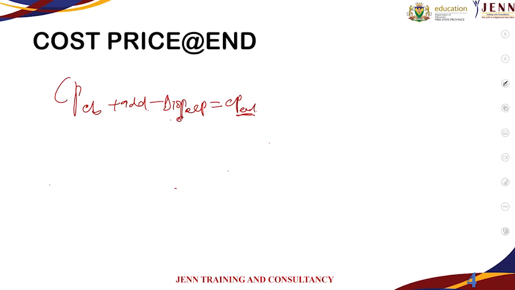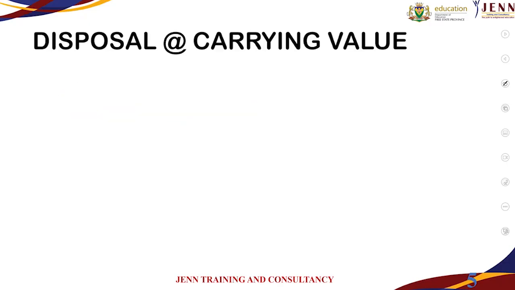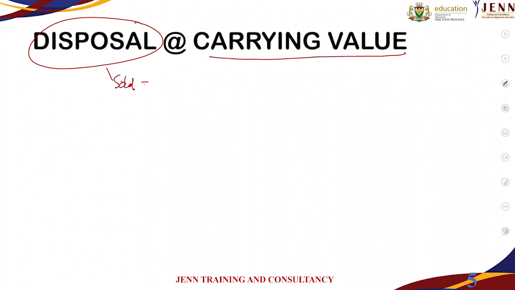The third question that you might have in an exam is the disposals at carrying value. We want the carrying value of the disposed asset. I'm no longer talking about the cost price. I'm saying the carrying value of the asset that is being sold. Remember, I said the carrying value is cost price minus accumulated depreciation. How are we going to get the carrying value of that asset that has been sold?